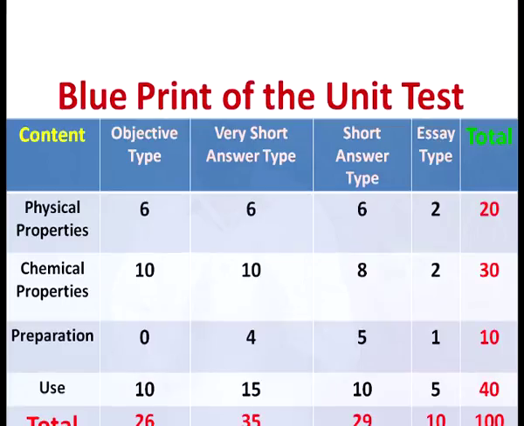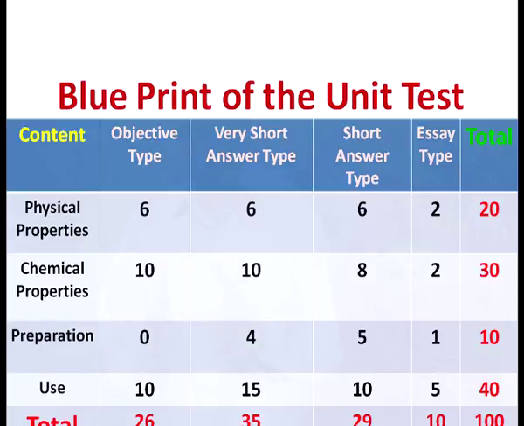Then another style of preparing the blueprint of a unit test or achievement test, you can see on the screen. On one side, in the rows we have the content matter: physical properties, chemical properties, preparation, use. In the columns you can see objective type items, very short answer type items, short answer type questions, and essay type questions.